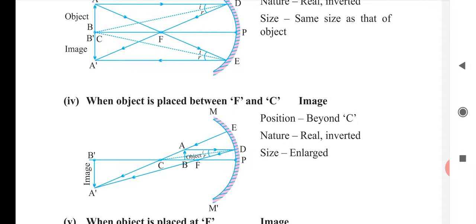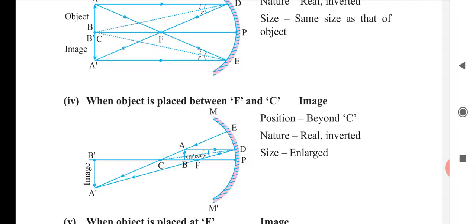So if you place the object between center of curvature and focus, the image will always be formed behind the center of curvature. The object is erect, the image is real and inverted, and the object size is small compared to the image, so the size of the image is enlarged.